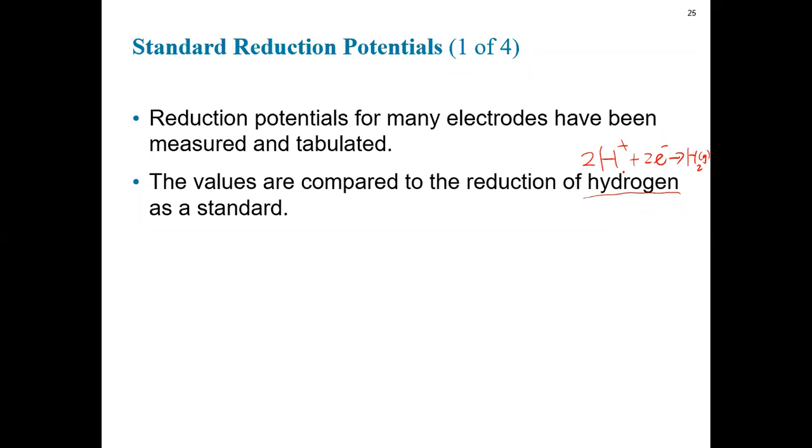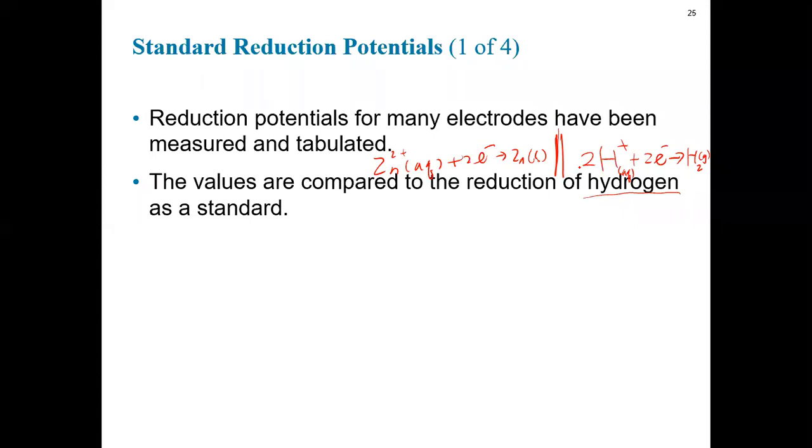This is aqueous. We know a reduction reaction always happens in pairs. So if you want to know the potential for zinc to be reduced, you can think of Zn2+ aqueous plus 2 electrons becoming zinc solid. Compare these two and see what the potential is.